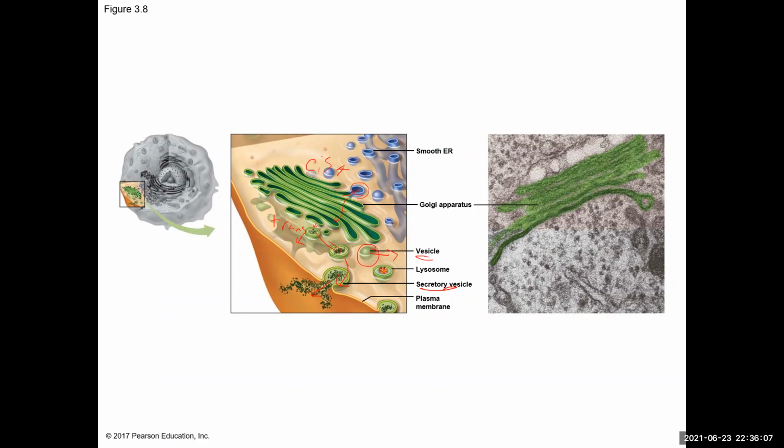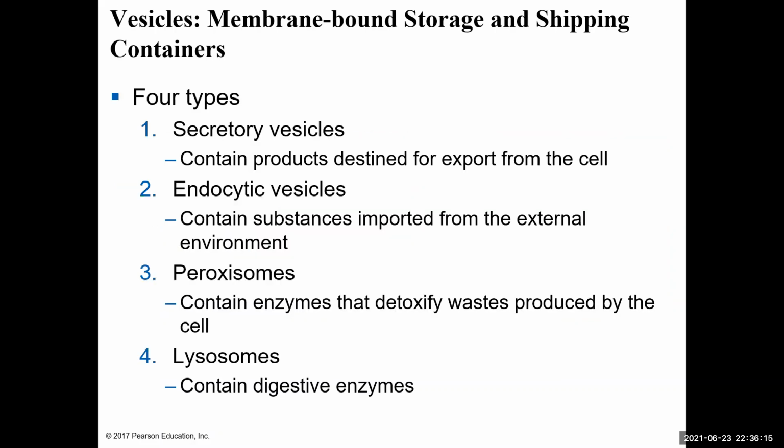And now, kind of following our discussion of the different vesicles, right? So we were saying, we have like a transport vesicle, you have a secretory vesicle. There are other vesicles as well. We've talked about secretory, so that's containing products that's going to be exported from the cell. We have endocytic vesicles, which brings substances into the cell.